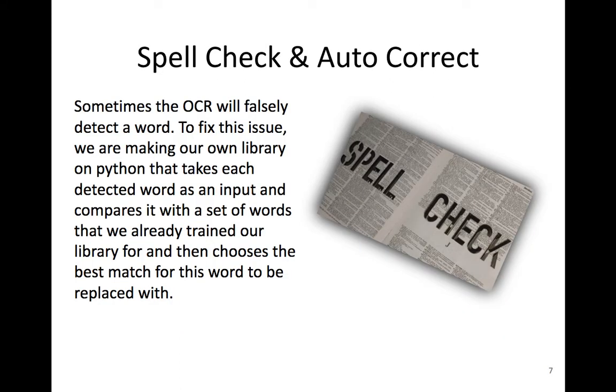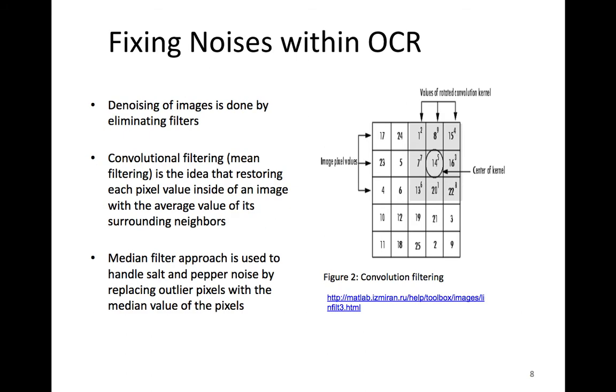You can also have dictionaries of words that help with recognition, because often there are relationships between characters, and you can look up words that way. There's also filtering. This is an example of a median filter approach, where surrounding pixels are brought to the value of the median pixel in the window.